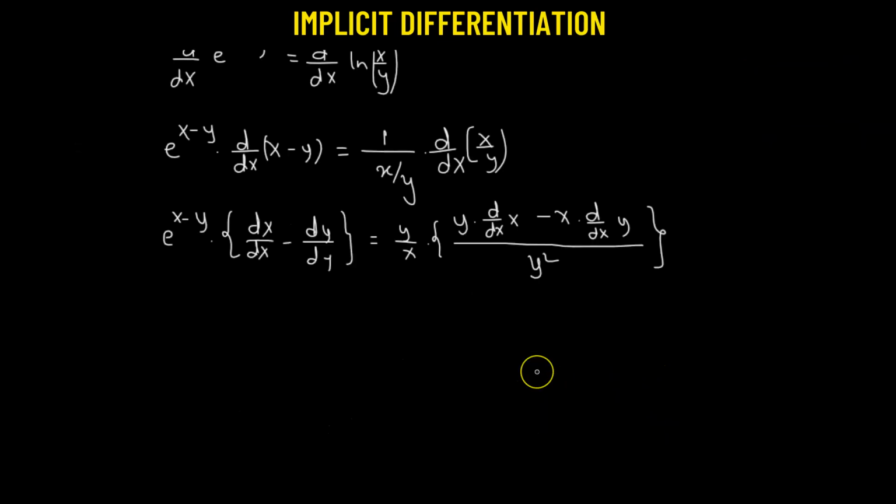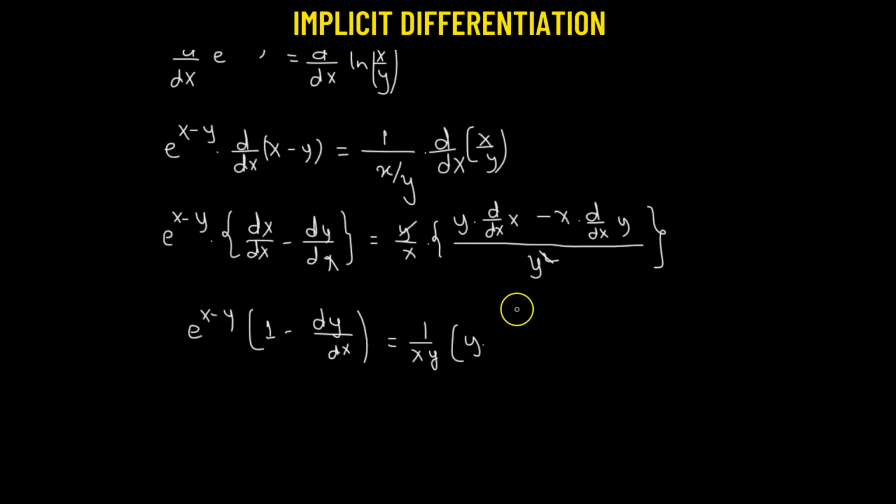So this will give us e raised to the power of x minus y multiplied by the derivative of x with respect to x, which is 1, minus x times the derivative of y with respect to x, which will be equal to, so here one y from the numerator and one from the denominator goes away. So this gives us 1 over xy, which will be multiplied by y times the derivative of x with respect to x, which is 1, minus x times the derivative of y with respect to x.